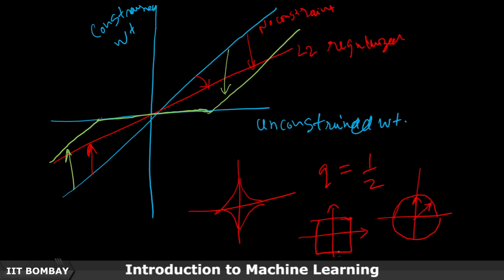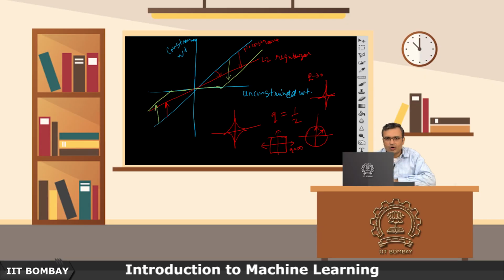So this is the L infinity norm. And when q tends to 0, it will be squished in almost to the axis itself. So they have different behaviors on how they control the weights of the model.